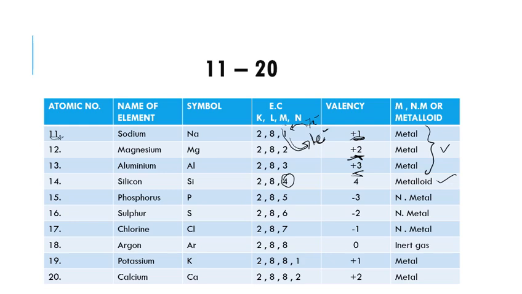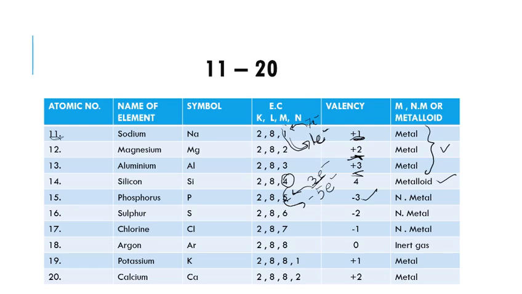Phosphorus: the valence outermost shell has 5 electrons. Either it will gain 3 or it will lose 5. Which pathway will the atom follow? Yes, it will gain 3 electrons and hence the valency will be minus 3. Why gain 3 electrons, students?